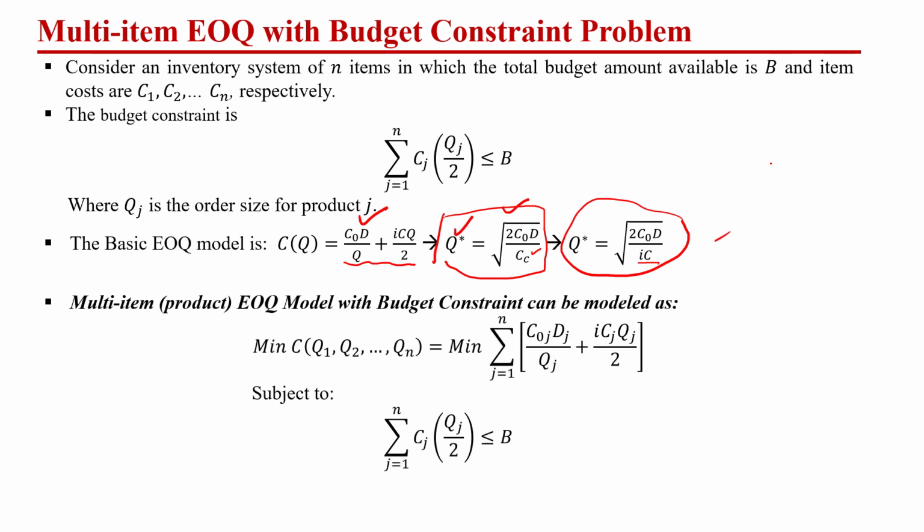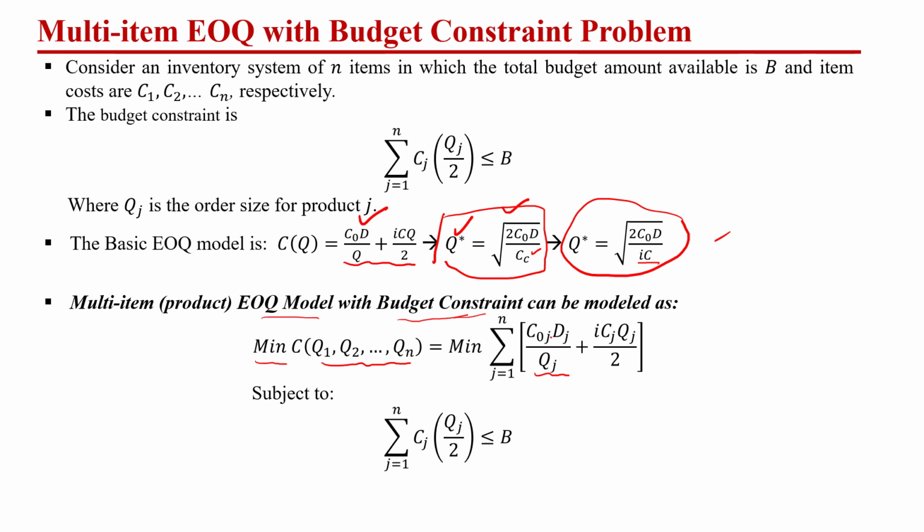Let me show. If I talk about the multiple item EOQ model with a certain constraint, right now the budget constraint, how can we write it down? We want to minimize, against all the products' quantities, every product's order cost.